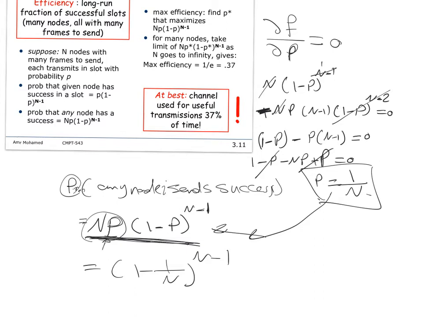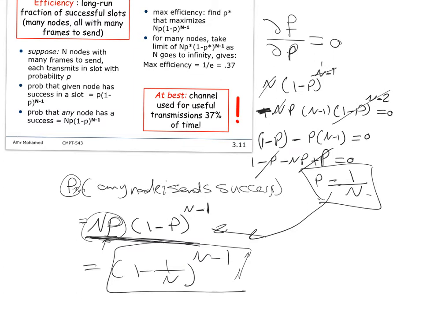So this is the maximum probability that a node sends successfully. This is the best when all of them send with a probability equal to 1 over n.